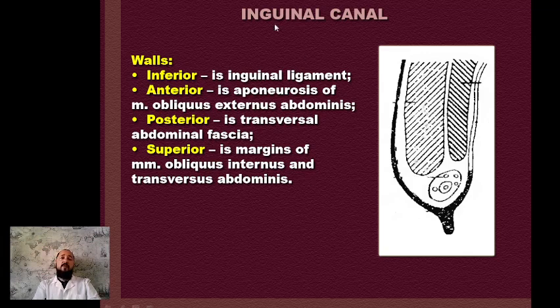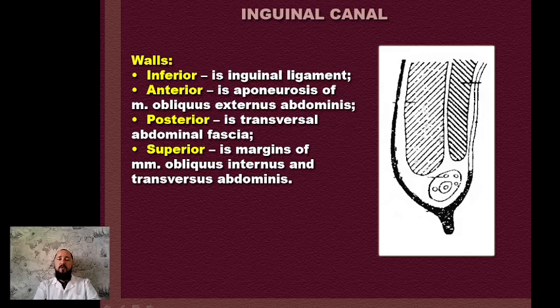And once again, what are the walls of this canal? Inferior, here it is, inguinal ligament. Anterior wall, it is aponeurosis of musculus obliquus externus abdominis. Here it is. Posterior, it is a transversal abdominal fascia. Here it is.